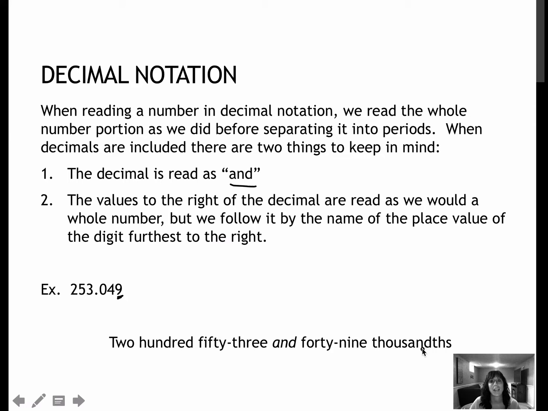And notice when I'm writing it out in words, I write 253 just as I would before. The 53 is hyphenated. And then "and" to represent where that decimal is going to go. And then 49 thousandths. So whatever number you have here, 49, and then it ends in the thousandths place, so that's the value that we write.